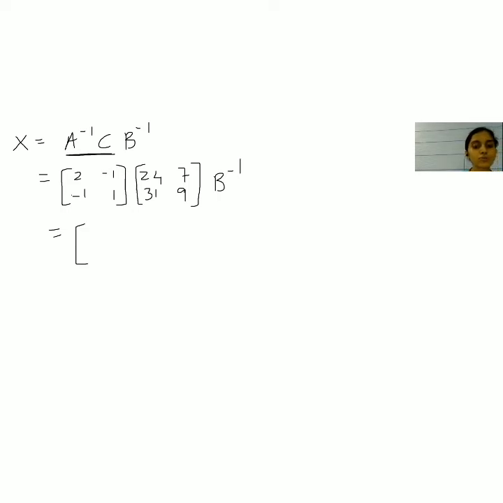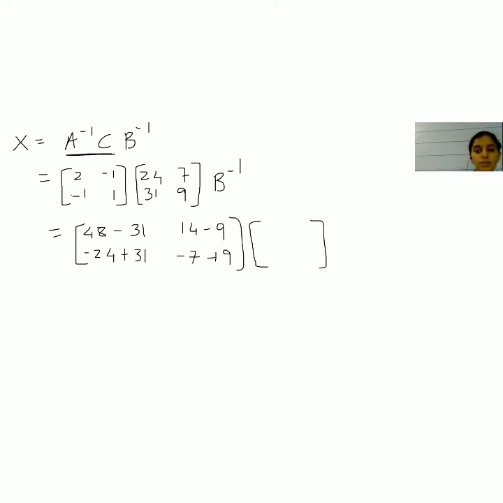24 into 2 is 48, 48 minus 31. Then we have 14 minus 9. Then we have minus 24 plus 31, and then we have minus 7 plus 9. This is to be multiplied with the B inverse matrix.